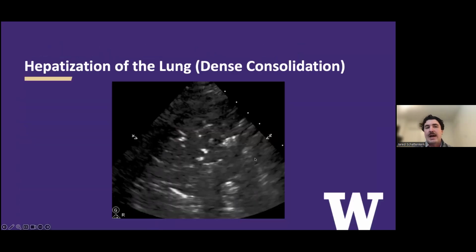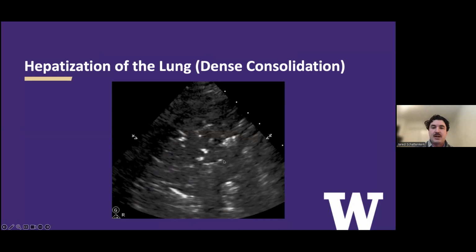And then as the alveolar filling process progresses and the lung becomes completely filled with fluid or completely collapsed as an atelectasis, the lung actually starts to look like the liver. Whereas before in our earlier images, you see lung tissue that looks like lung. For someone who's ultrasounded the liver before, if I didn't tell you that this was an image of the lung, you might think it looks like the liver.